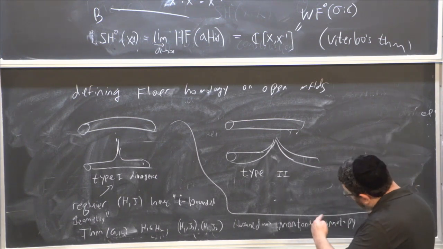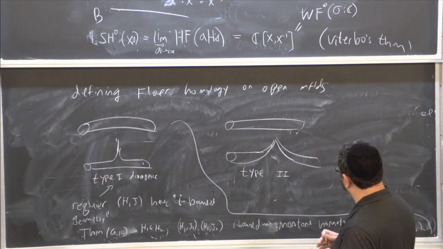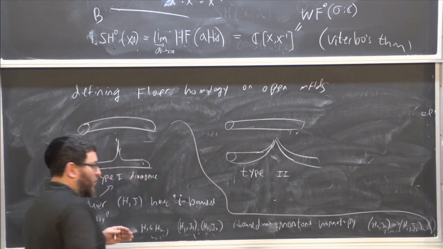Now the type 2 condition. This is something which is directly related to the definition of wrapping.